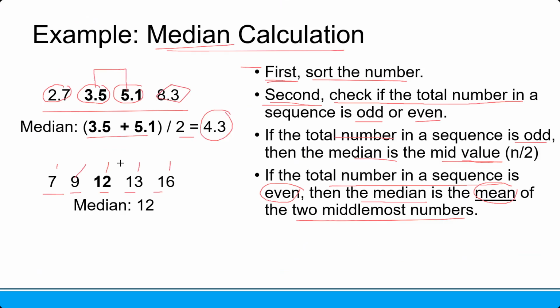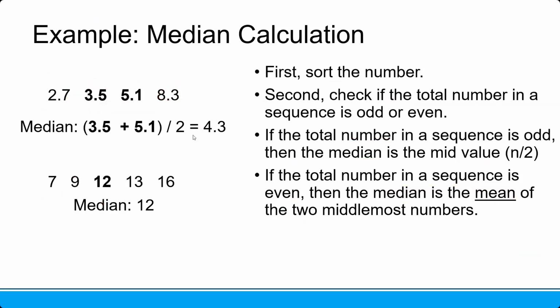Then the median will be this one. Okay. So if there are 4 numbers, 1, 2, 3, 4, then what we do is find the two middlemost numbers and then do the addition and divide by 2. If it is 5, then we find the mid value directly.